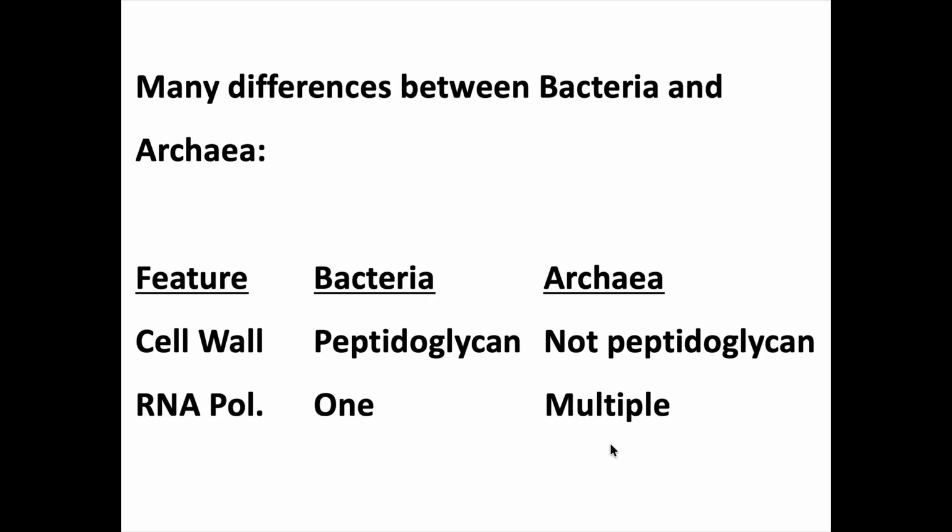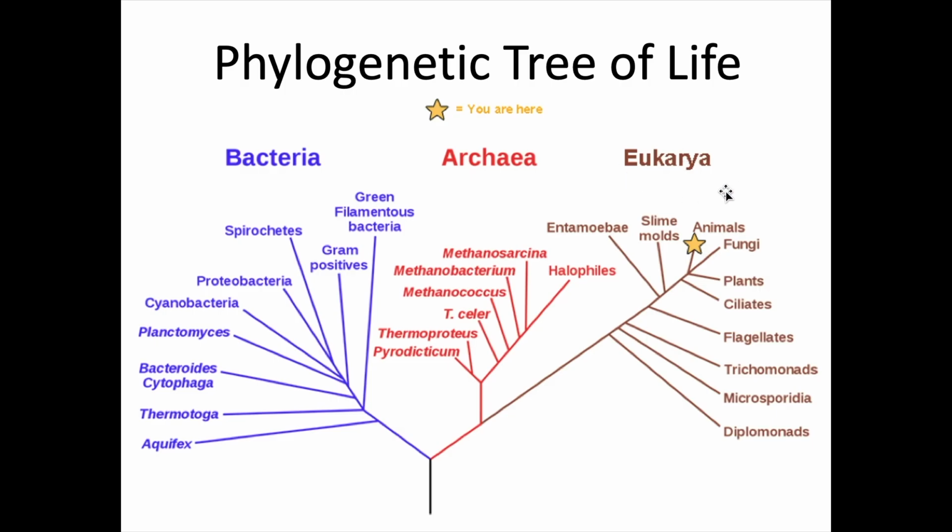This may sound familiar to you. Back in BISC1323, having multiple RNA polymerases was a feature of eukarya. And if we look closely at this, archaea and bacteria are not a clade, but archaea and eukarya, that's actually a clade.